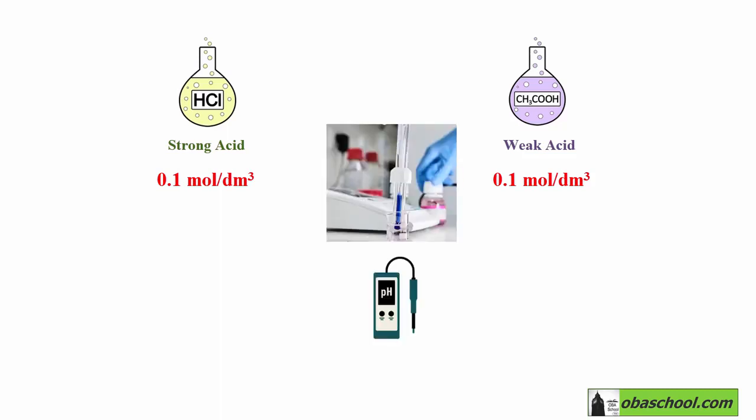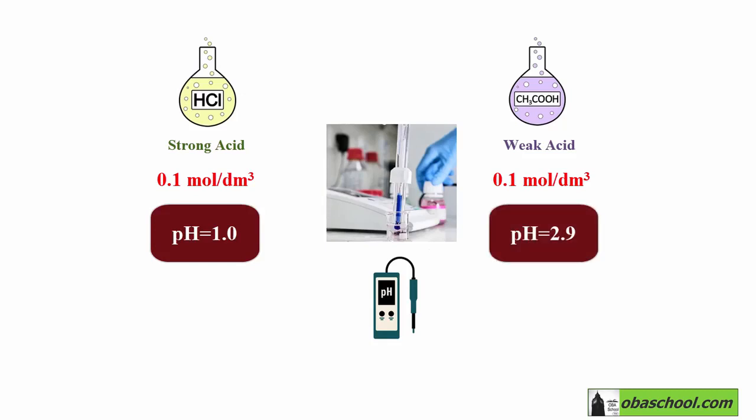If we measure the pH of these two solutions, we will find that hydrochloric acid, which is a strong acid, has a pH of 1.0, whereas the pH of ethanoic acid, which is the weak acid, is only 2.9. So even though these two acids have the same concentration, they don't have the same pH.